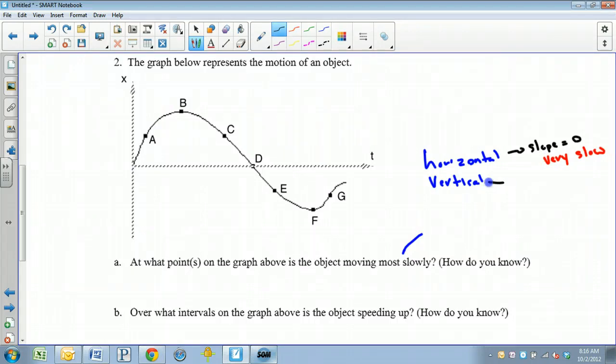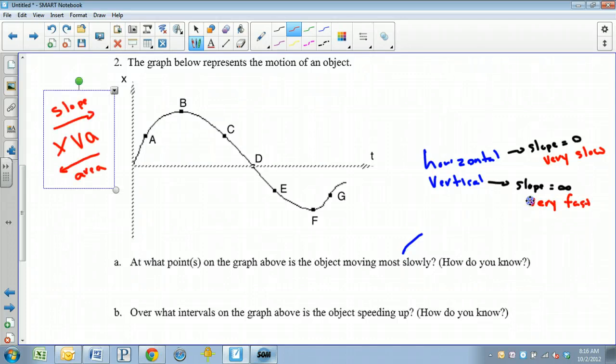On the other hand, a vertical line has a slope that's undefined, or I'll say equal to infinity, just don't show your math teachers, which means it's moving very fast. Because the slope of our position graph gives us velocity. So the question is, at what point above is the graph moving most slowly? We're looking for where the graph is most horizontal, and that would be at B and at F, because it's most horizontal.